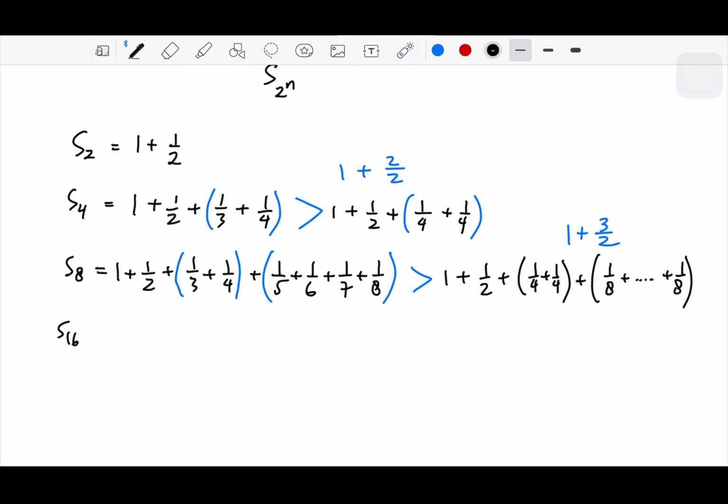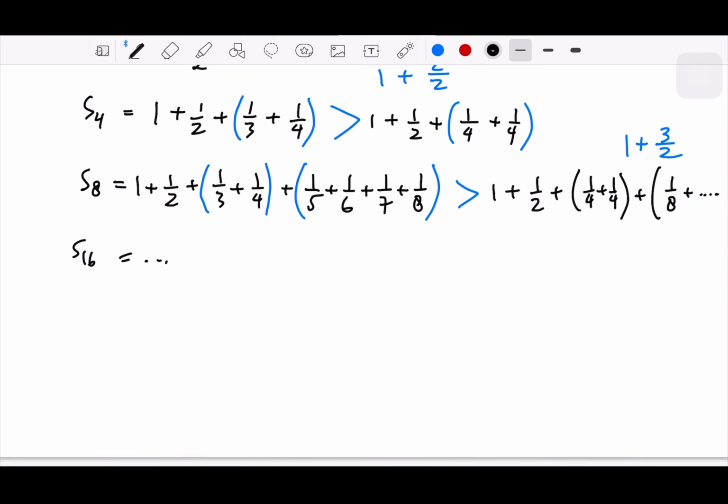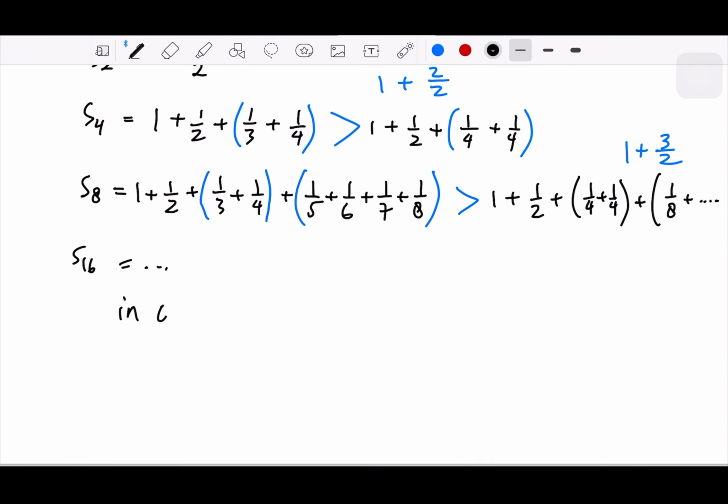Okay. From here, at least we get the idea. In general, this will show you that the sum is always greater than 1 plus n/2. Okay, the sum itself is greater than this one, right?